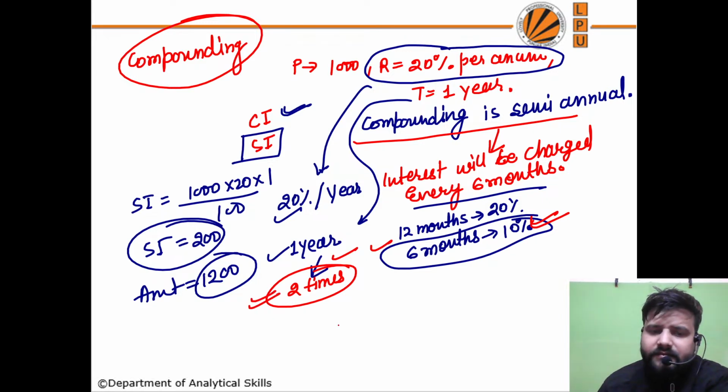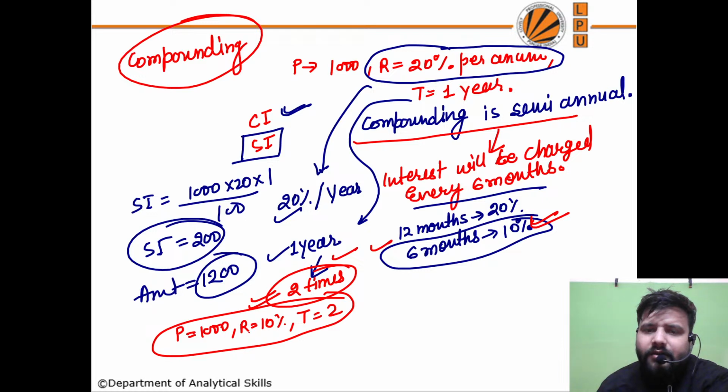Get it? So now, indirectly, this question becomes: P is 1000, rate of interest is 10%, and T becomes 2. Getting it? So now you can solve it. It is just like the previous one. If you do it by the first way, it is 1000, 10% will be charged over it. So 10% is 100, so it will become 1100.